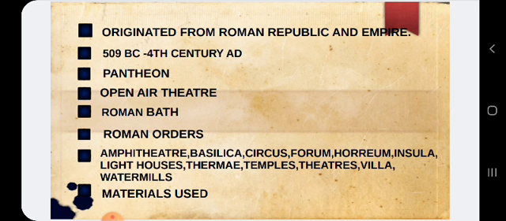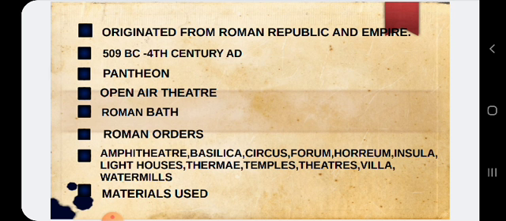So we have Roman orders, and that's basically 2 of them. And yes, we have an entirely different style of architectural elements like amphitheater, basilica, circus, forum, horreum, insula, lighthouses, thermae, temples, theaters, villa, watermills.